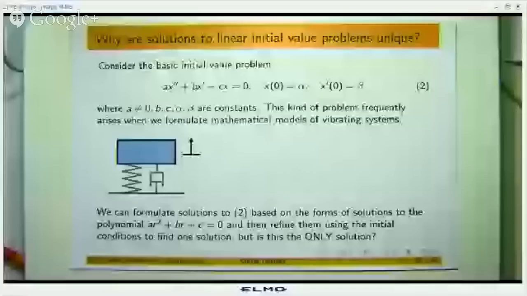Now, this is a really deep question, and a lot of the textbooks and presentations that I've seen really skip over the question of uniqueness. But in this presentation, we're going to prove that there is one and only one solution to these famous initial value problems. So let me share my screen with you, and we'll get underway.